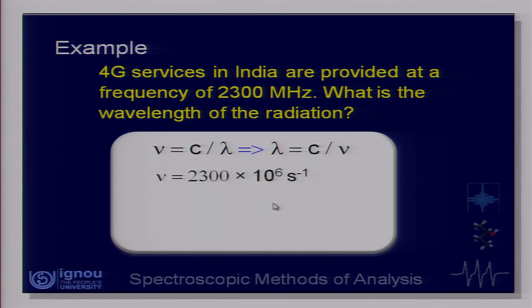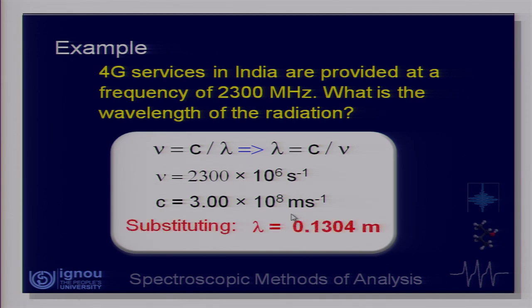The frequency is given to be 2300 times 10 to the power 6 hertz, because mega is 10 to the power 6, and hertz is second inverse. The velocity of light, we know fairly well, is 3 into 10 to the power 8 meter per second. Just substitute the numbers and lambda comes out to be 0.1304 meter. That means for 4G services, the wavelength of the radiation is of the order of about 13 centimeters. That is just a simple application of the formulas we just learnt.